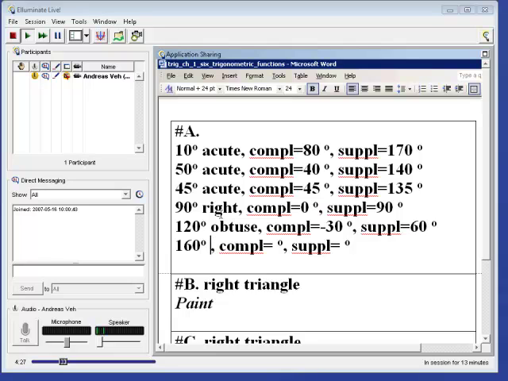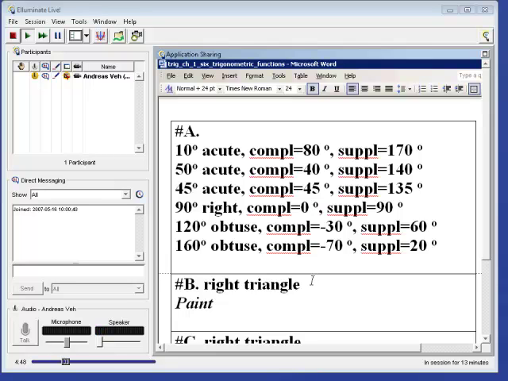For 160 degrees, that's an obtuse angle. The complement is negative 70 degrees because you subtract 160 from 90. And the supplement is 20 degrees after you subtract 160 from 180 degrees. Okay, next problem.